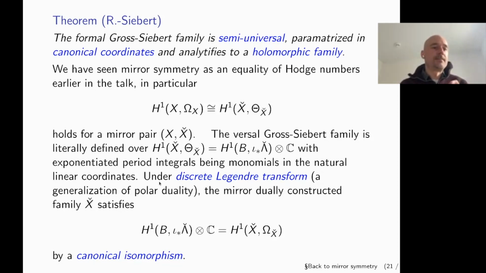Now, if you do this discrete Legendre transform, which is a generalization of the polar duality, then you can construct the mirror dual family by the smoothing result of Gross and Siebert. And you have this canonical isomorphism where this H^1 of Omega, which is up here on the left-hand side, equals this group coming from the affine base.